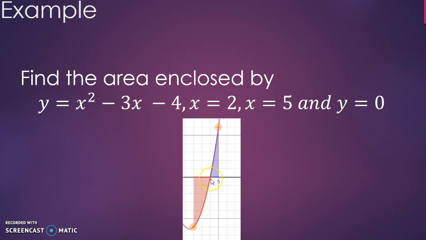From 2 till 4, we have a value below the x-axis. From 4 to 5, we are above the axis. So we need to calculate these two areas separately. So even though we're going to find the total area from x equals 2 to x equals 5, we need to break that up into two calculations: the integral from x equals 2 to x equals 4, and the integral from x equals 4 to x equals 5.